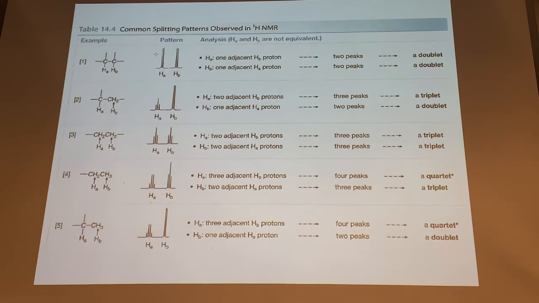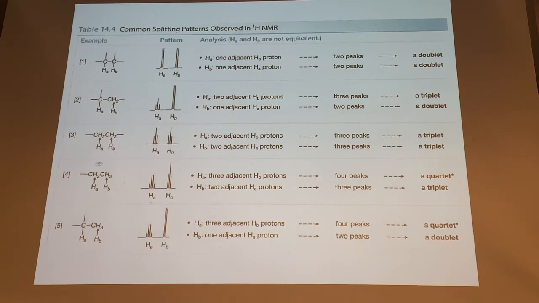So coupling patterns, by the way, when they're coupled to each other, they'll have the same J value. Okay, that's 7. If it's a little bit higher, 9, you'll see the 9 and the 9 showing up in the other coupling partner. If it's a little bit lower, 5 and 5, you'll see that same J value. That's a way to tell what's coupled to what. We'll show you with 2D NMR how you can determine that a little better.